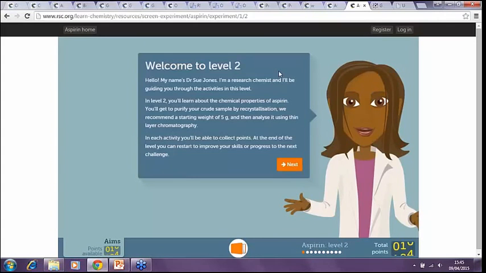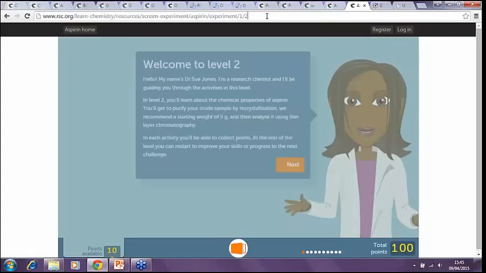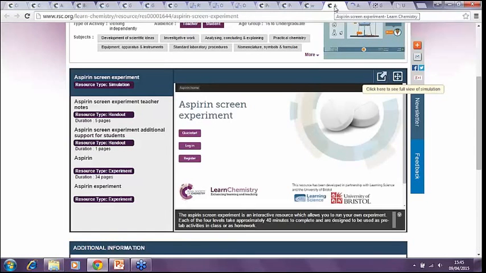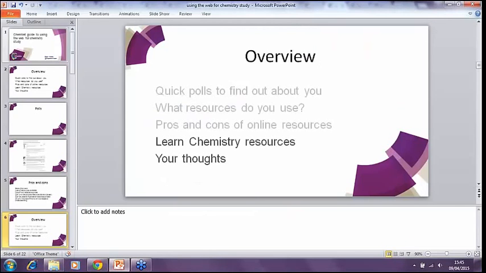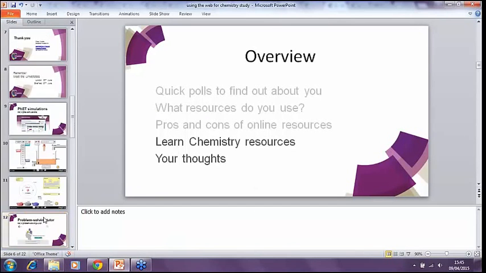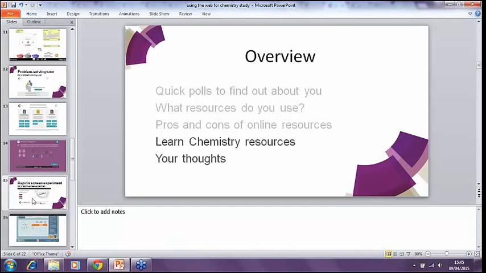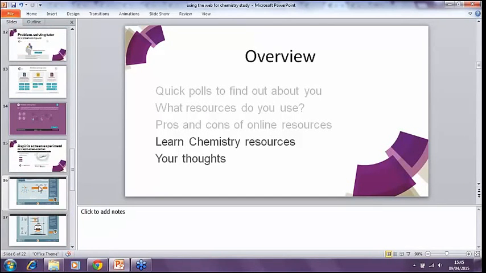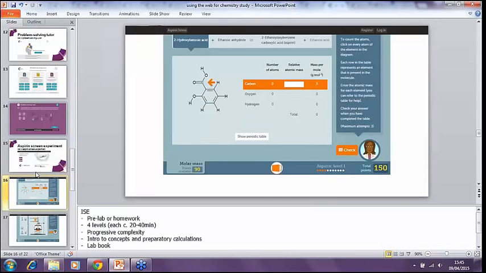Okay, let's try. Okay, I'll just show you some screenshots of that one because it doesn't seem to want to work. I think it's probably my internet connection is not fast enough here.